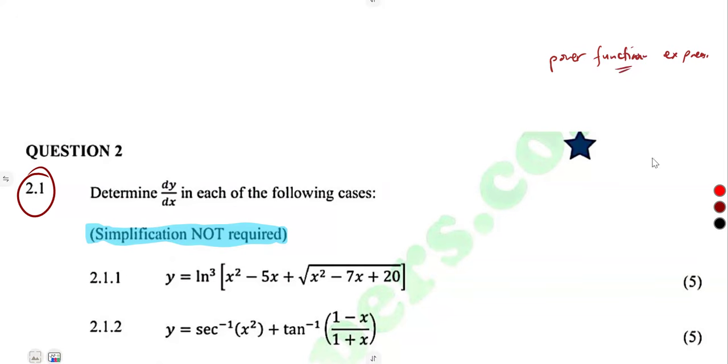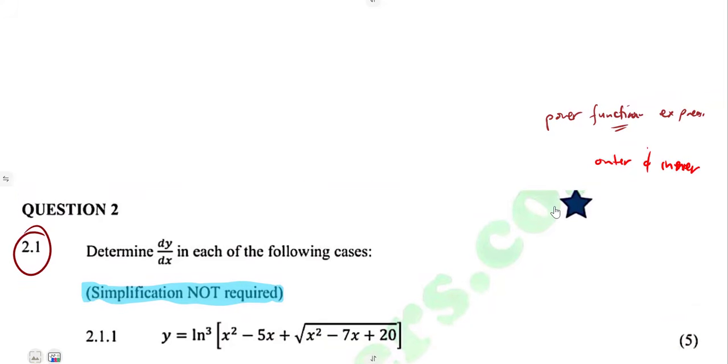Or simply, if the power is not given, you simply work out the outer and the inner. That is the most important thing, the outer part and the inner part, so that you can apply your derivatives in an easier way.